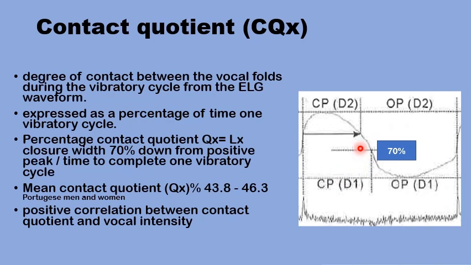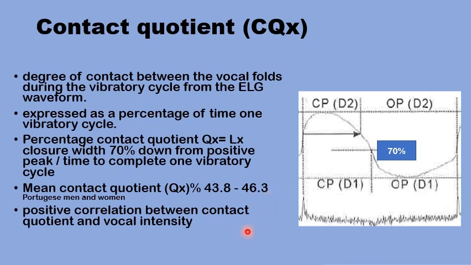In here, this time in relation to the whole cycle will give the contact quotient. In normal males and females, it would be somewhere between 43.8 and 46.3%.